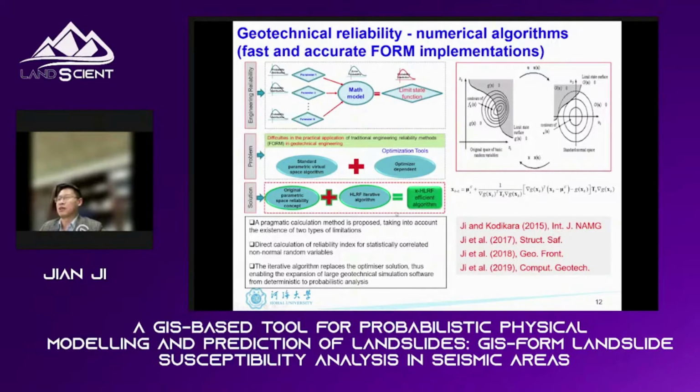And this is the concept of probability of failure calculation. Actually, the purpose is to propagate the uncertainty of your input parameters to the results, which can be the factor of safety, mostly, for our landslide prediction.